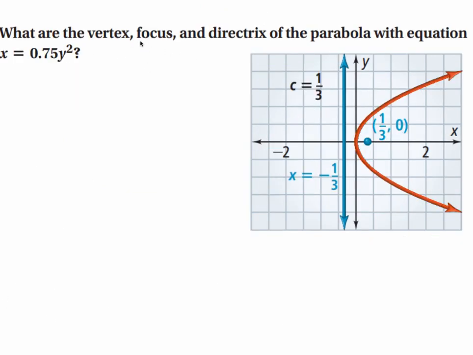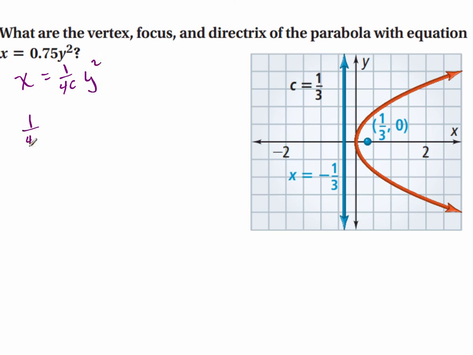For this one, what are the vertex, focus, and directrix of the parabola with the equation x equals 0.75 y squared? Well, it's centered at the origin because I don't have any pluses anywhere. So I know the standard form of the equation is x equals 1/4c y squared.